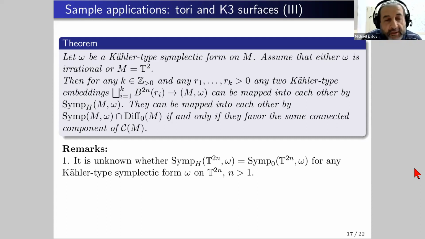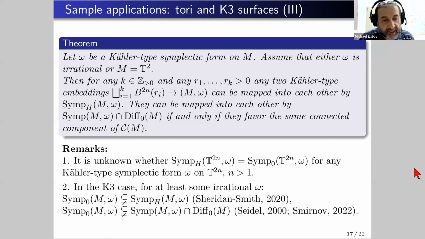So a priori, we can't say anything. It shows that life may be in principle as complicated as appearing in the theory. So Symp_H might in principle be different from Symp intersection with Diff_0. For the K3 case, it's known to happen. In the K3 case, for at least some irrational omegas, it's known that Symp_0 is not equal to Symp_H.